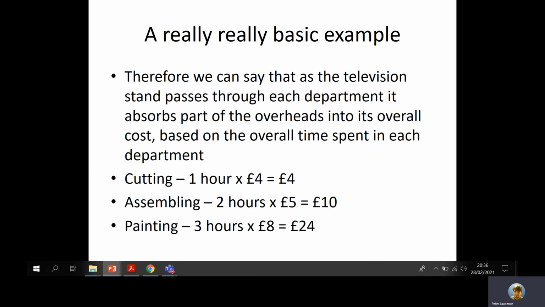It then spends 2 hours in the assembly department, where there was £5 worth of overheads for every hour, so it takes in £10 worth of their overheads. It then spends 3 hours in the painting department, where the overheads were £8 per hour, so therefore it's £24 allocated to the TV stand.